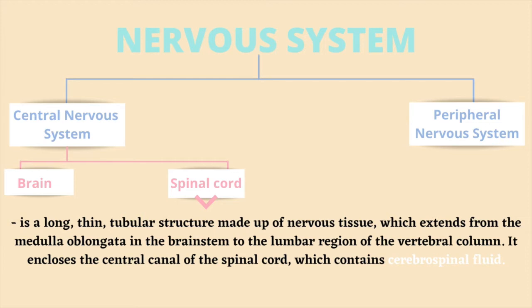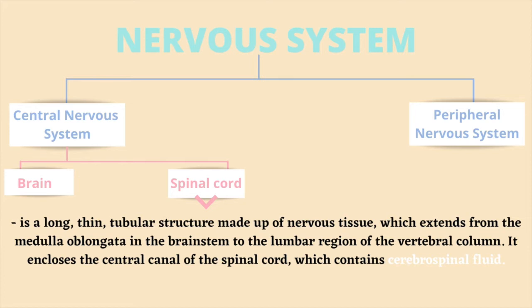While the spinal cord is a long, thin, tubular structure made up of nervous tissue, which extends from the medulla oblongata in the brainstem to the lumbar region of the vertebral column. It encloses the central canal of the spinal cord, which contains cerebrospinal fluid.